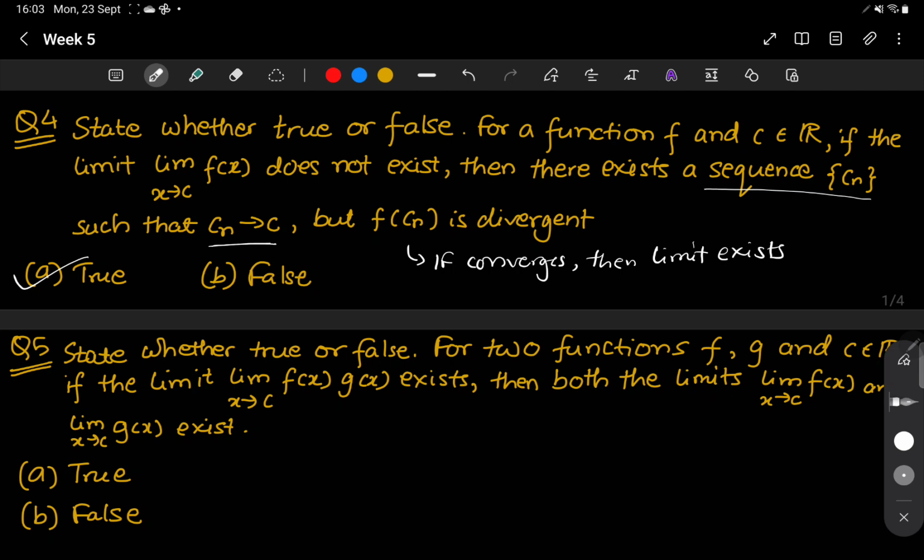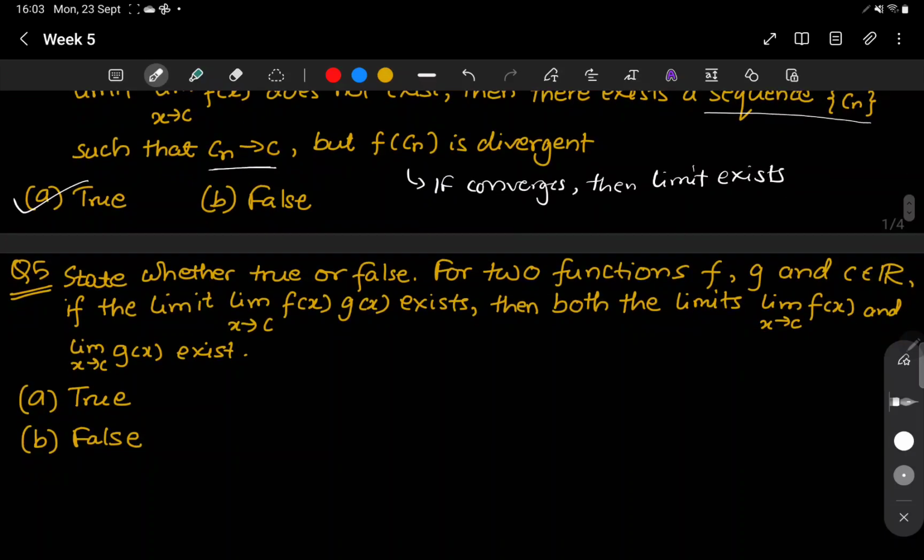But here, if we have a sequence which converges to a particular value, but the function of that sequence is divergent, then the limit does not exist. And it is enough to show one particular example, let's say one particular sequence for which the function is divergent, then that is enough to say that the limit does not exist. Okay, so next question.